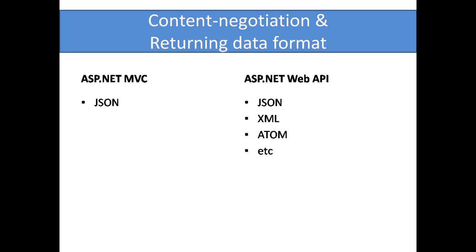Web API helps to build RESTful services over the .NET framework, and it also supports content negotiation. It's about deciding the best response data format that could be acceptable by the client. It could be JSON, XML, Atom, or other formatted data. MVC only returns data in JSON format using JsonResult.